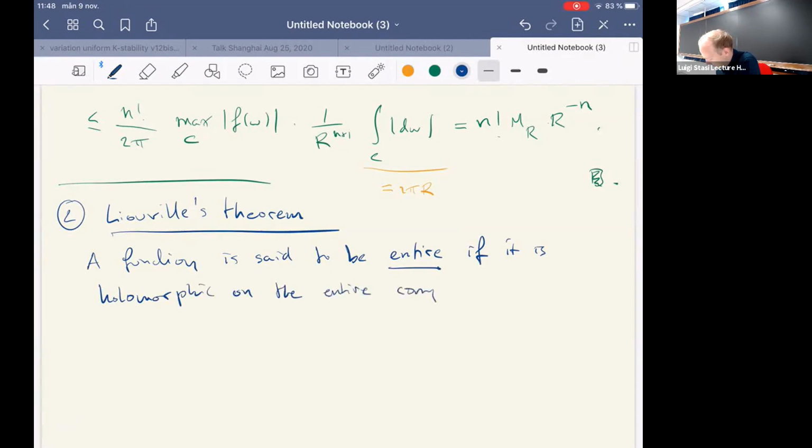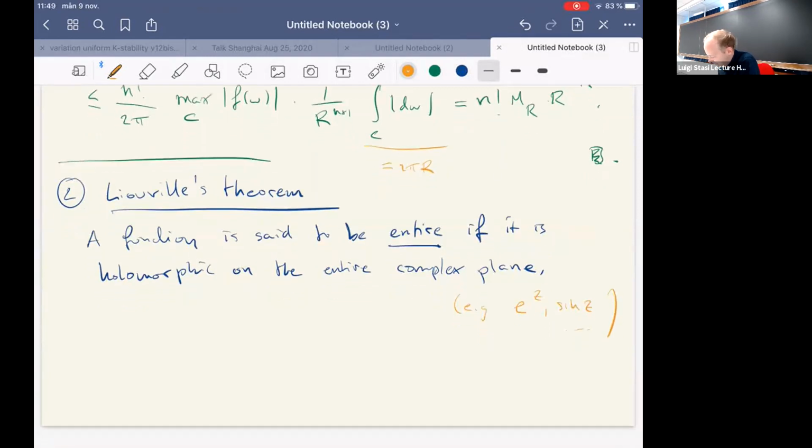So this explains the terminology. For example, e to the z, sine z, many others. These are all examples of entire functions.